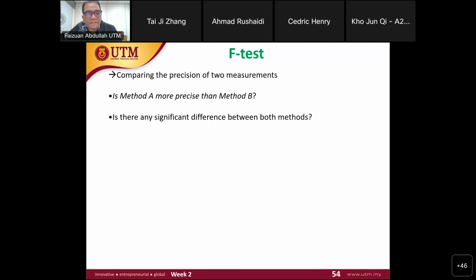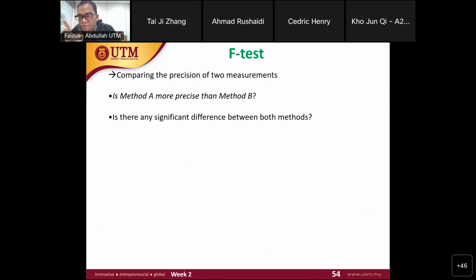Is method A more precise than method B? Remember, for the F-test the keyword is precision. Guys, if you understand, please thumbs up. This is important to differentiate between the t-test and the F-test.